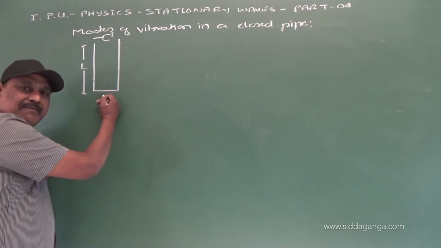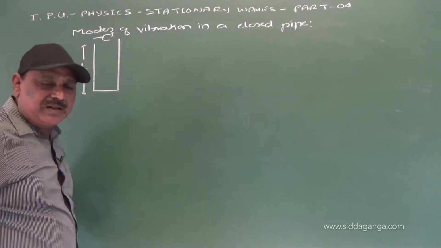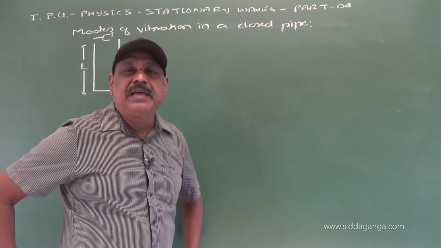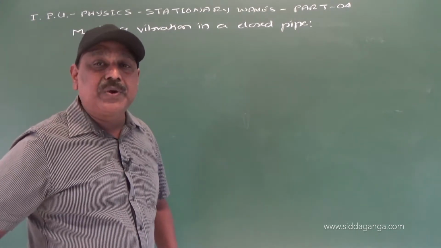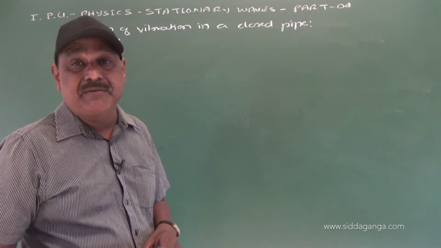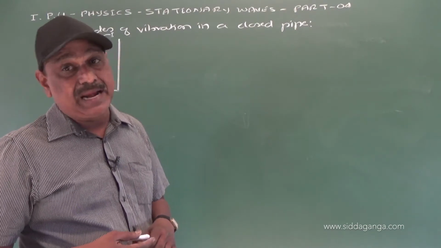Now, the reflected wave superposes on the incident wave, forming a longitudinal stationary wave with nodes and antinodes.